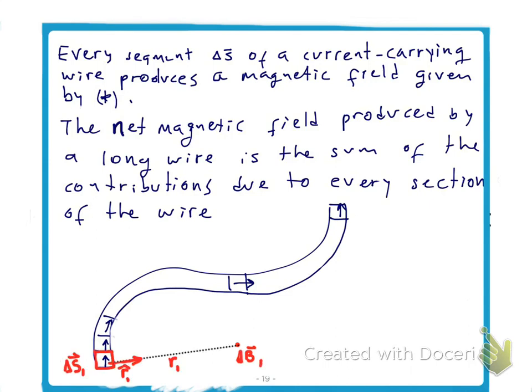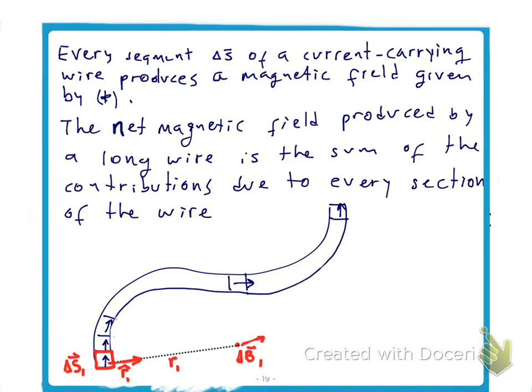So let's say that we take the first segment and we call delta S1 the length of that first segment, the vector delta S along the wire, and there is a position vector that goes from the segment to the point in space where we're calculating the magnetic field. I'm going to call the magnetic field produced by the segment delta S1 of the wire delta B1. So that's a vector, it points in a particular direction.